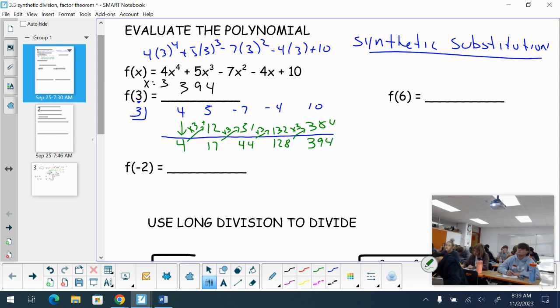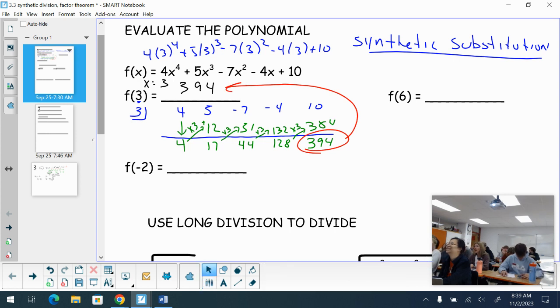And what miraculously happens as I pull out my magic wand, Alakazam, this 394 that we just have right here ends up being the exact same value. How does that work? How does he do it? Magic shows. Smoke and mirrors.